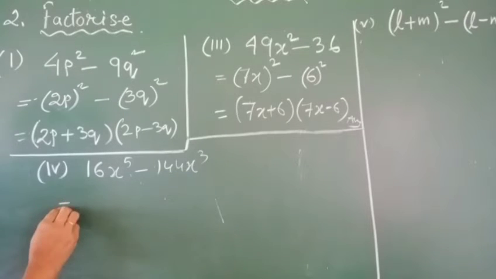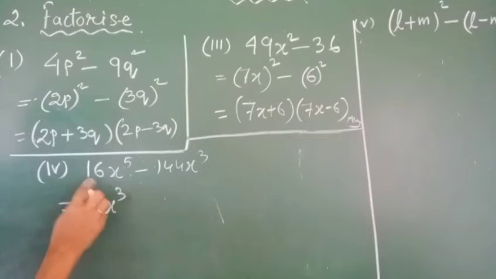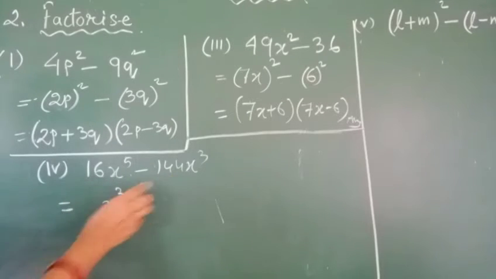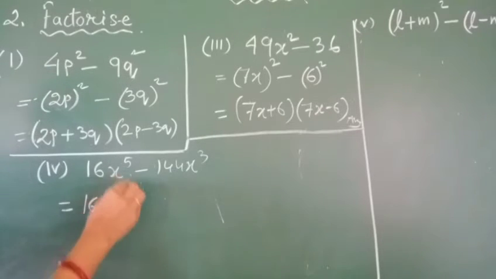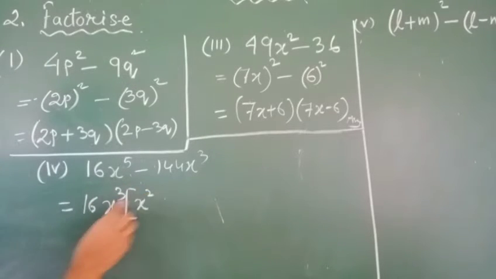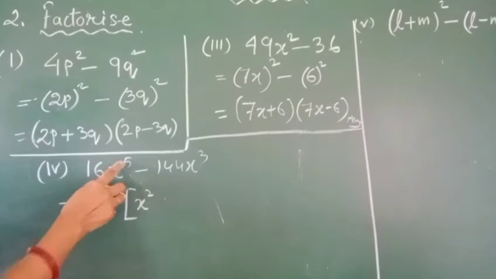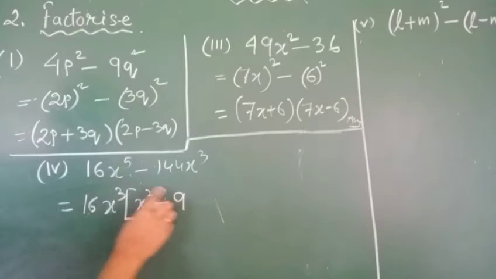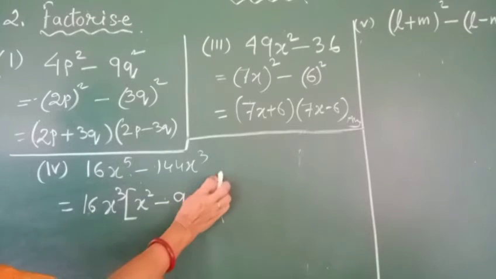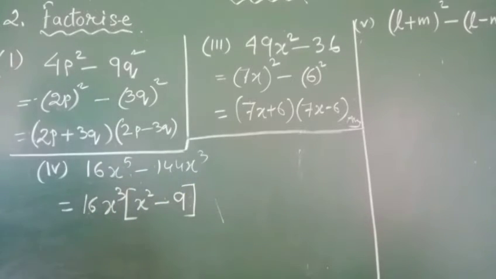So first we will take the common factor, x cube I can take, and I know that 16 nines are 144, so I can take 16x cube as common. If I take 16x cube as common, then what is left here? Only x square, since x cube times x square means x to the power 5, then minus 9, since 16 nines are 144 and x cube I have taken outside. So only x square minus 9.